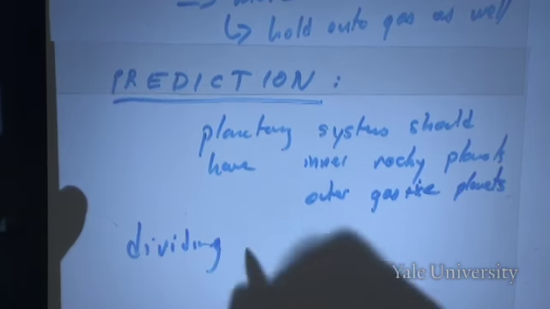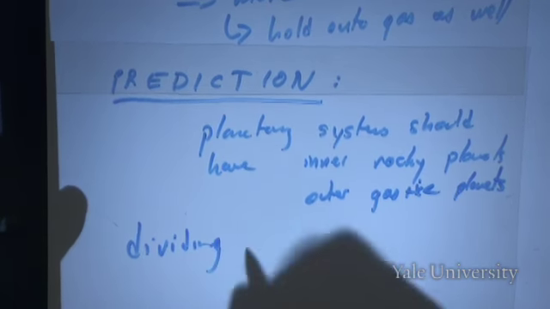Because there'll be some temperature where those ice things melt, and therefore, you don't expect it to be at the same distance away from a star. You expect it to be at the place where the temperature is the same. Therefore, if you have a very bright, hot star, you'll have inner-type terrestrial planets going out further.